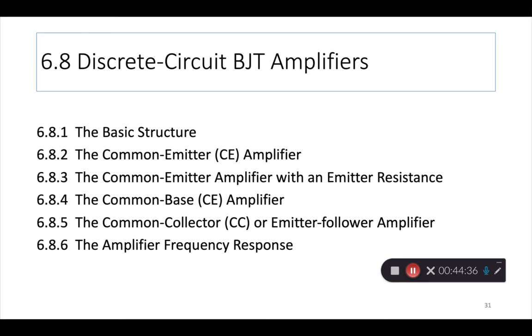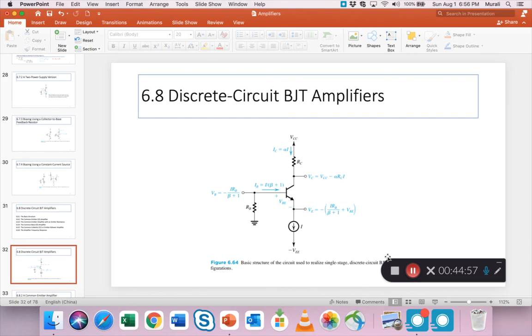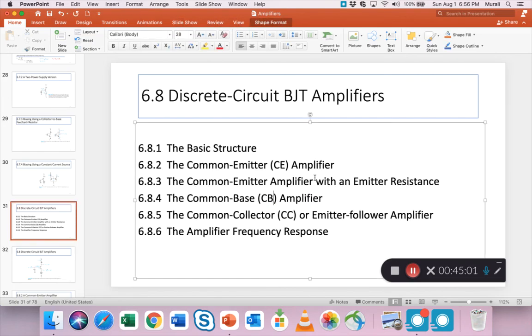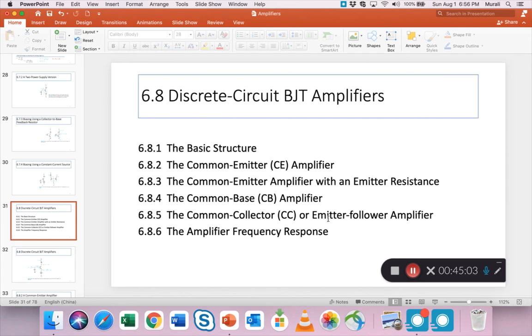All right. The next section is actually taking all the ideas that we have studied so far in the entire chapter and actually building complete circuits: CE, CB, or CE with an emitter resistance, common base, which obviously I made a mistake, and the collector, CC or emitter follower.